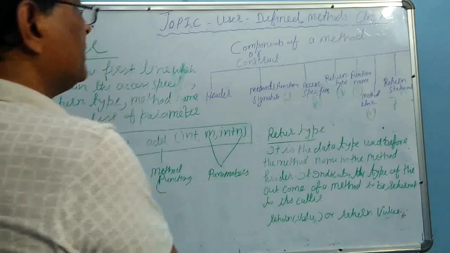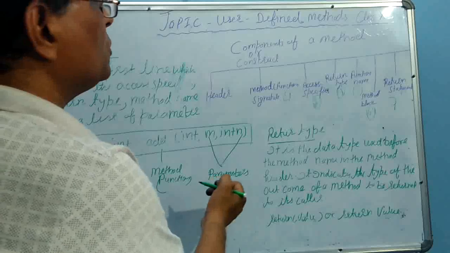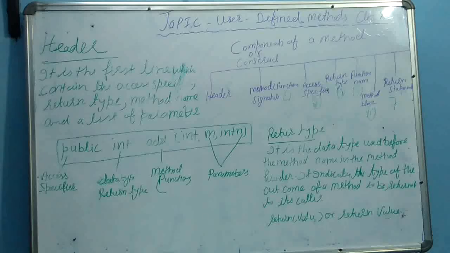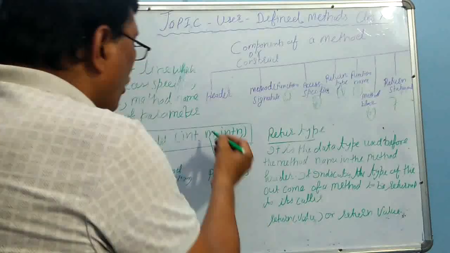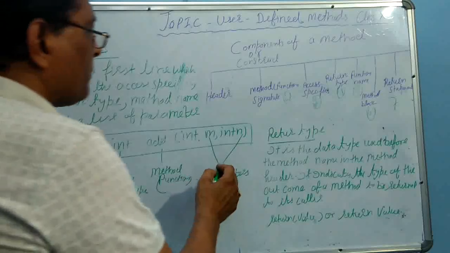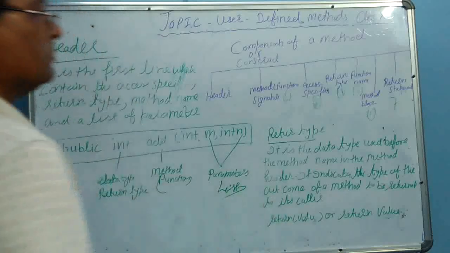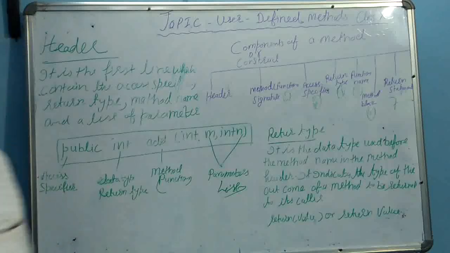We have defined the access specifier here, the return data type also, and the function name also. Keep in mind that all the variables which we are using are called the parameters, and there can be more than one in the parameter list.